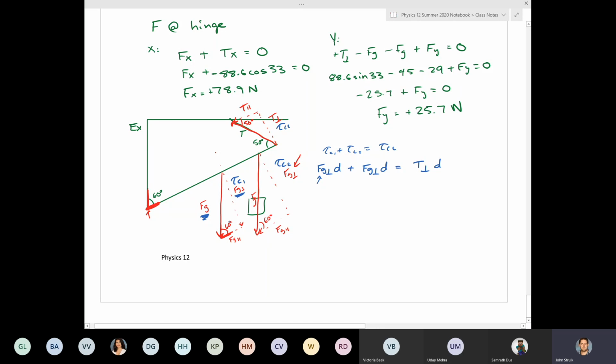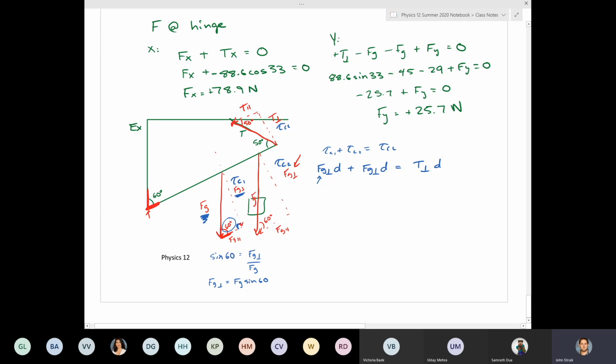If I use this 60 degrees, I know that it's going to be sine 60, because notice how this is the right angle right here between the perpendicular and the parallel, and this is your hypotenuse, the Fg. Sine 60 is going to be Fg perpendicular, opposite, over Fg, your hypotenuse. And so Fg perpendicular will be Fg sine 60.